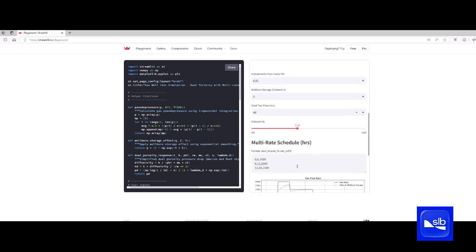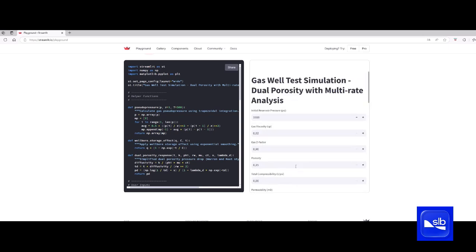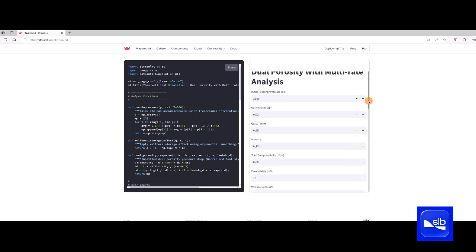It's important to underline that in a gas well simulation test, changing, for example, the viscosity is essential, and the viscosity changes with the density of the gas. So if you have much more, for example, propane and not methane, we have a different viscosity.